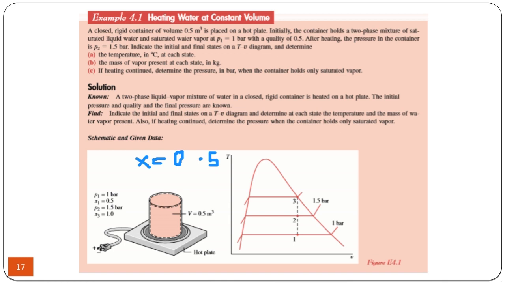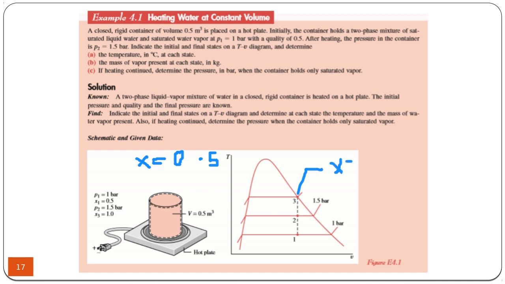It's not linear in any case, but you can determine that the closer to saturated vapor, the higher the X value. So you can say that the quality in the second state is higher than 0.5, which we will calculate. And at the state 3, it becomes completely vapor, meaning that X is 1 at this location.